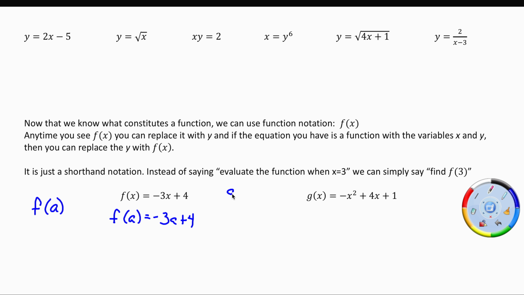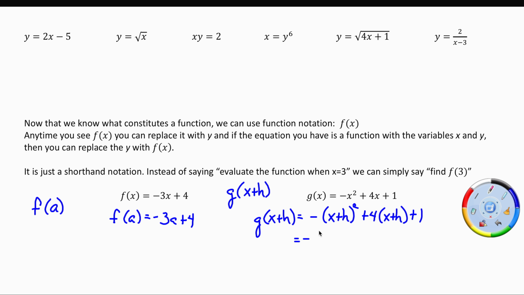I could say find g of x plus h, which would mean everywhere there's an x, replace it with x plus h. G of x plus h is negative x plus h squared instead of x squared, plus 4 times x plus h, plus 1. Okay, and then do our algebra. Negative, I hope we remember how to multiply this out.